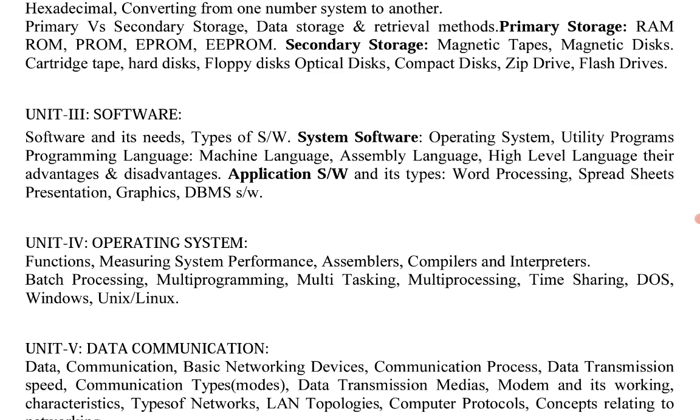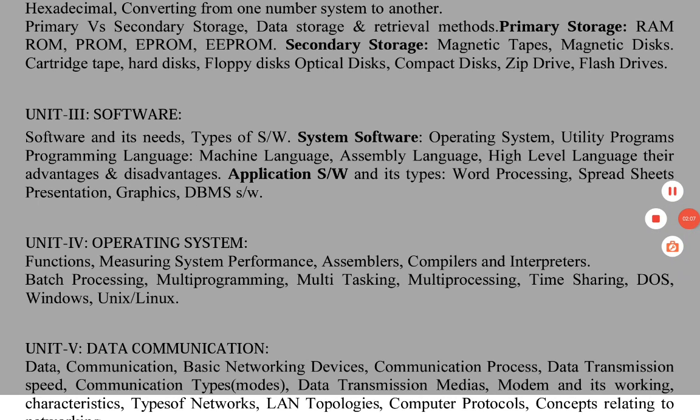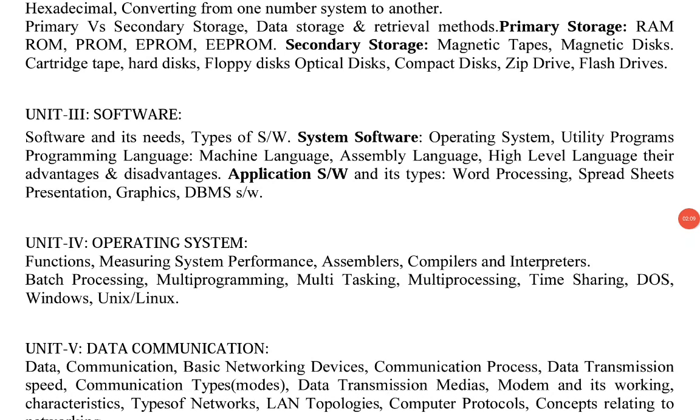Generally, system software means operating systems. What is an operating system? Its features, applications, functions and functionalities, different types of operating systems, utility programs and programming languages.